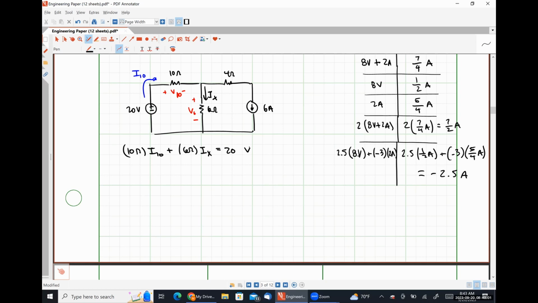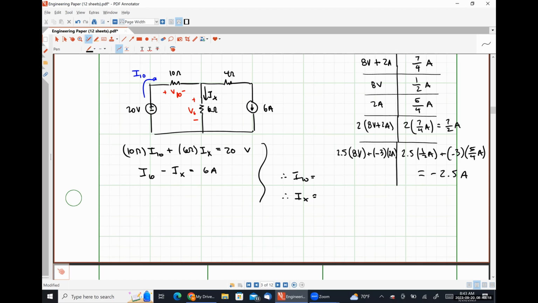Applying Kirchhoff's current law, we're going to have I10 minus Ix is equal to positive 6 amps. Solving this system, what are we going to get?